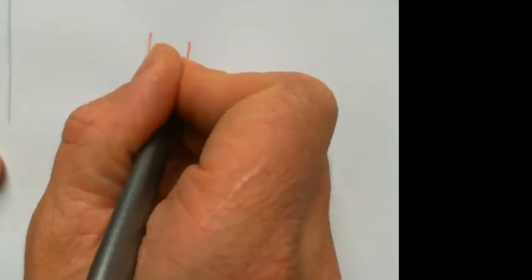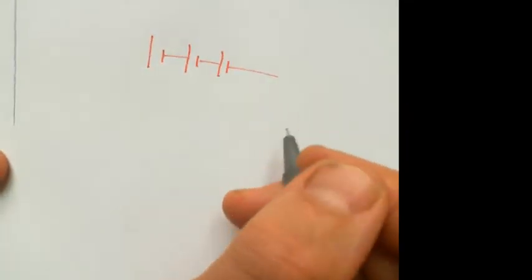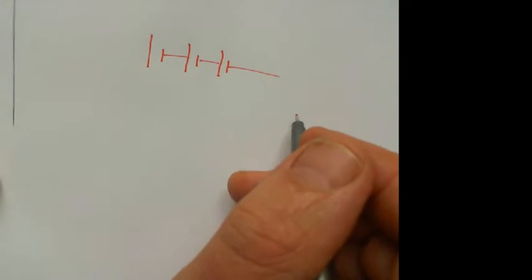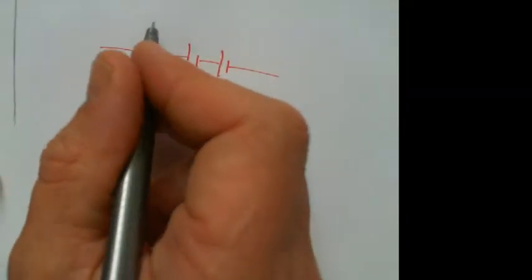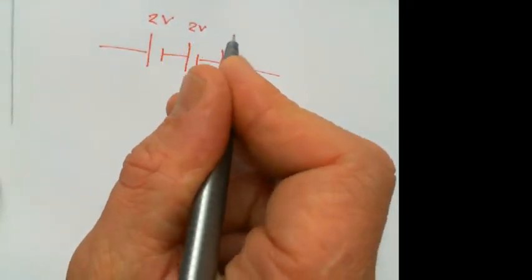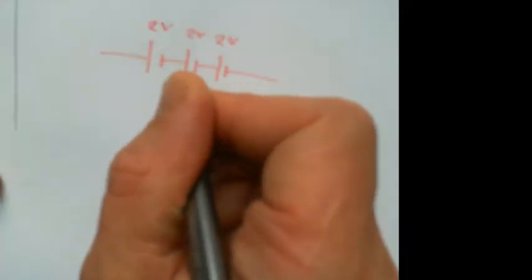Well, let's have a look at the energy that we're supplying first. So what effect does having 3 cells have on my circuit? If each one of these cells is 2 volts, then the total voltage in my circuit is going to be 6 volts.